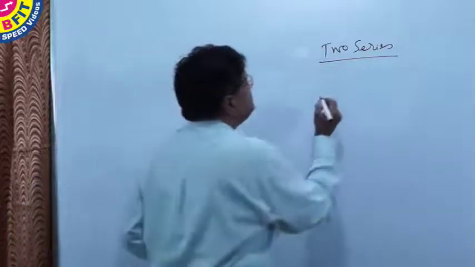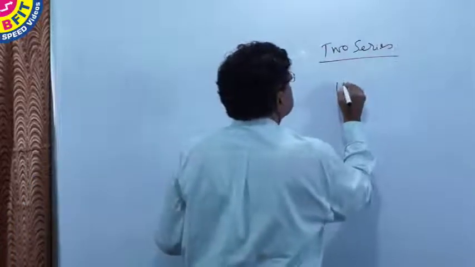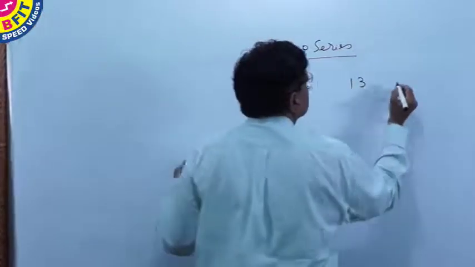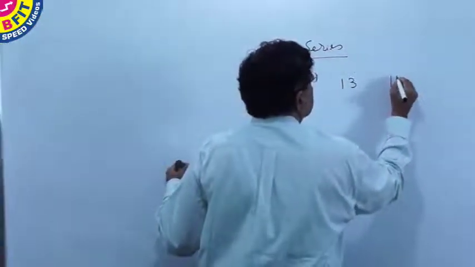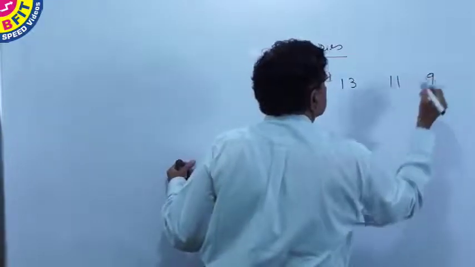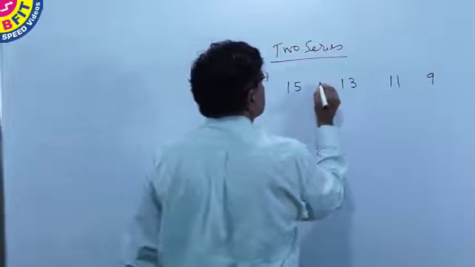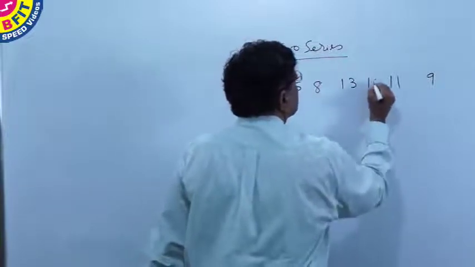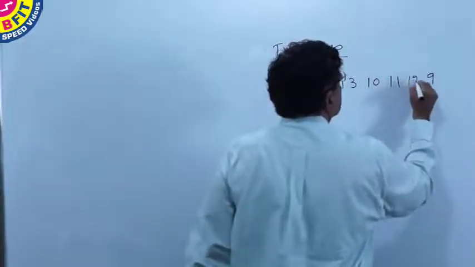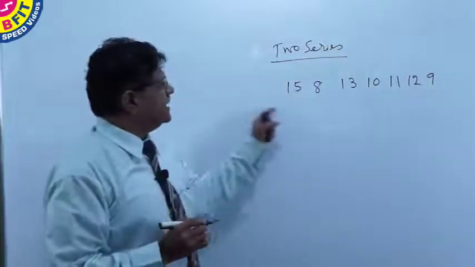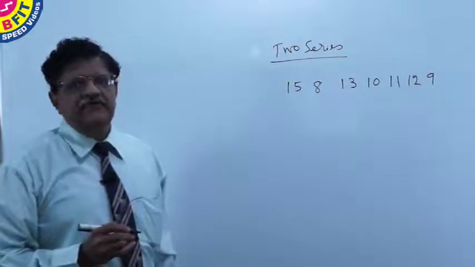For example, now what is this? If you look at the number as a whole, you will find it very confusing.